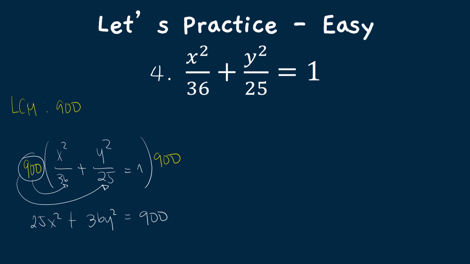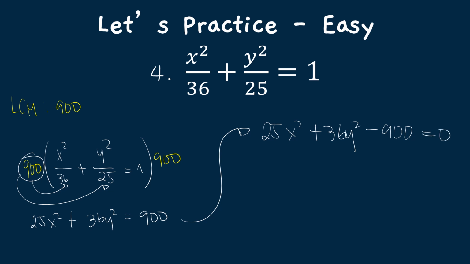So I did not show the process of multiplying the LCD on each term of our equation. Again, writing your final answer in such a way we have the general equation that is equal to 0. Your answer is equal to 25x squared plus 36y squared minus 900, which is equal to 0. So that's your answer for example number 4.